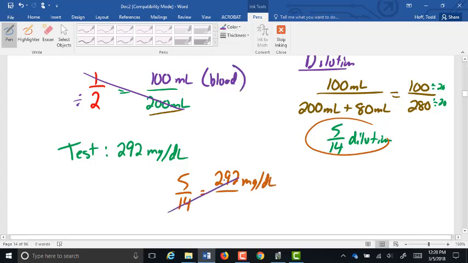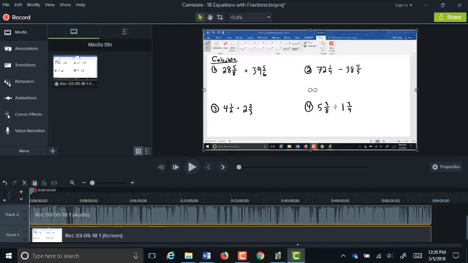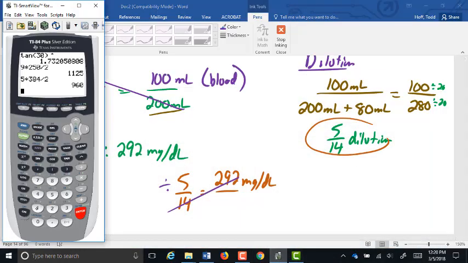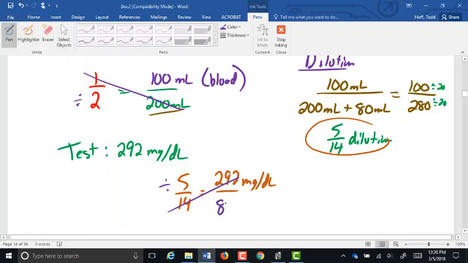And we cross multiply and divide. Oops, wrong button. Let's try that again. 14 times 292 divided by 5 is 817.6 milligrams per deciliter is the true reading.